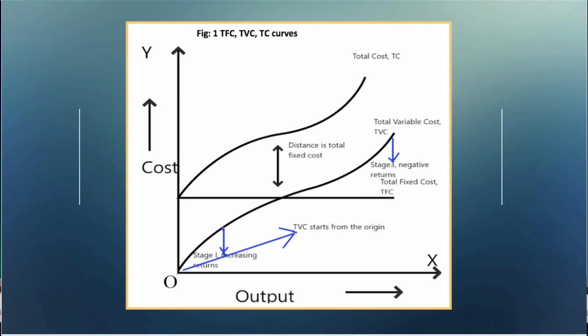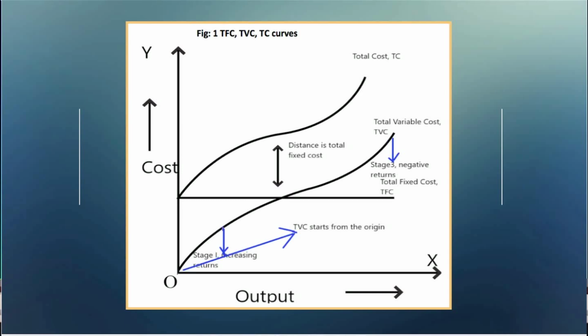If we have a close look at the TVC curve, we'll find that it is an inverted S-shaped curve, and it is upward sloping, it is increasing. One more thing we may note is that it starts from the origin. That means when the output is 0, there is no variable cost expense for the firm. But in the same figure, we may note that irrespective of no production, the TFC is not starting from the origin.